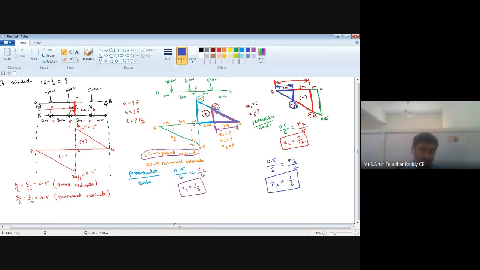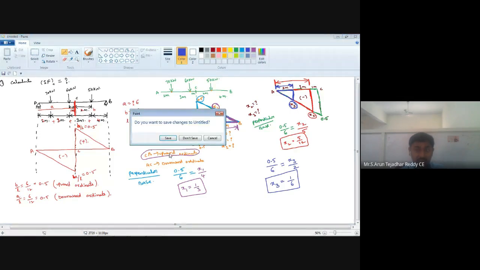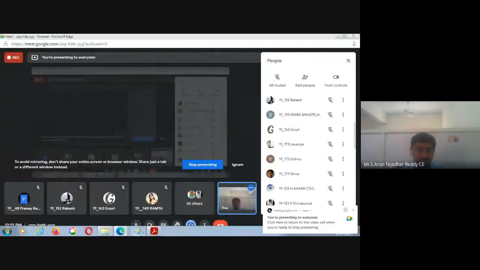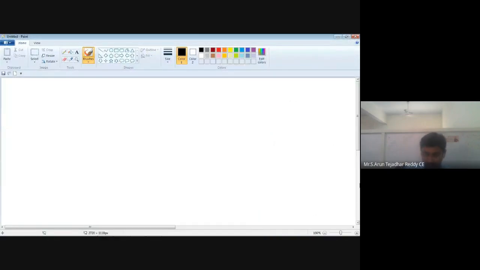Okay. Up to here clear. Next, find out shear force at C in this diagram only. Very easy. First of all, draw the given diagram.